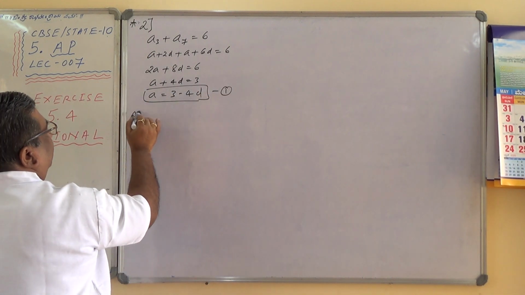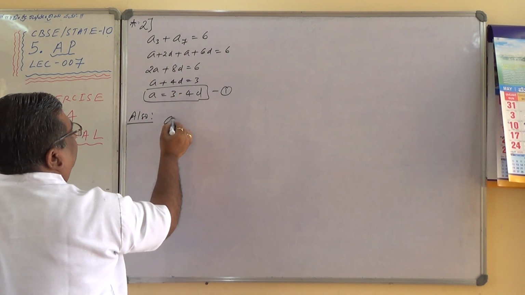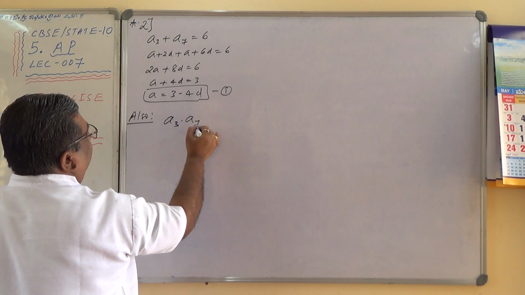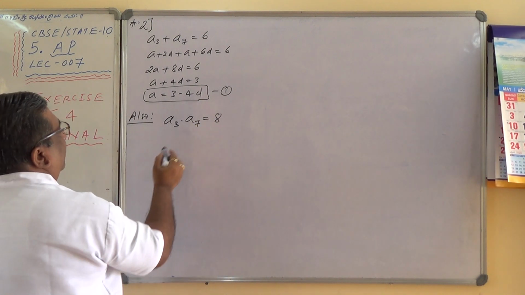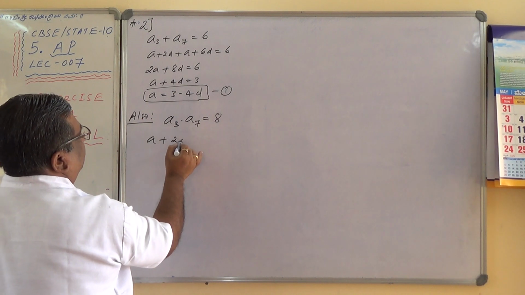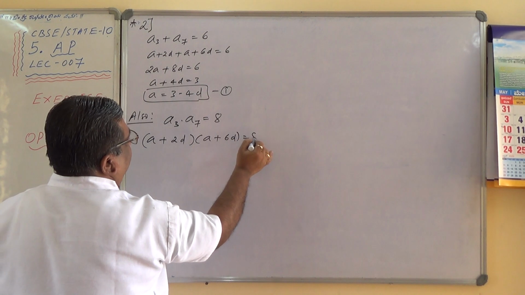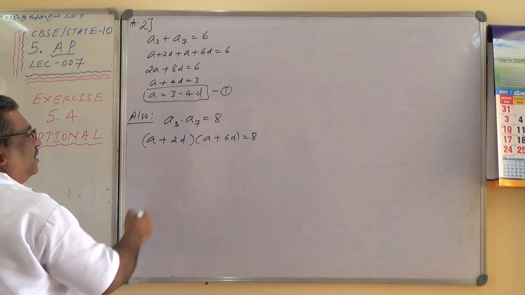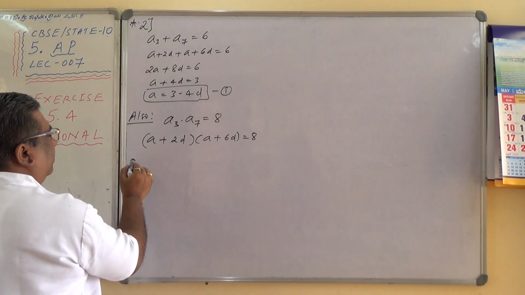Also given, the product of these two terms is 8. A3 into A7 equals 8. A plus 2D into A plus 6D equals 8. Substitute wherever A is there with 3 minus 4D.